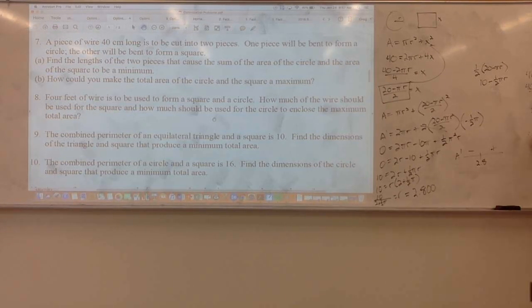So one of the pieces, say the circle piece, is 17.593 centimeters, and the square piece would be 22.407.